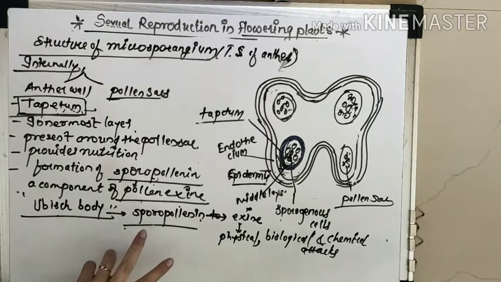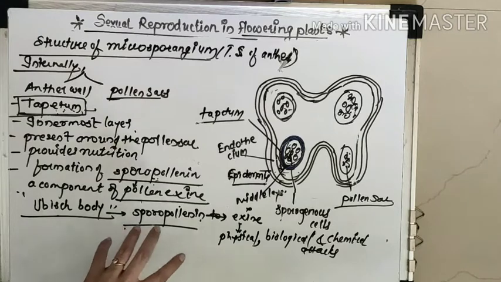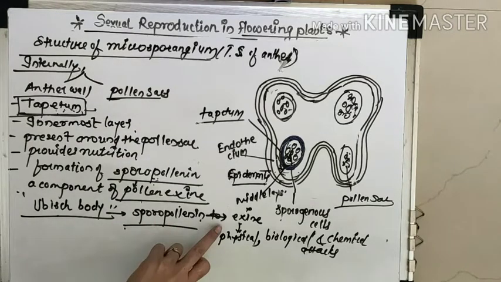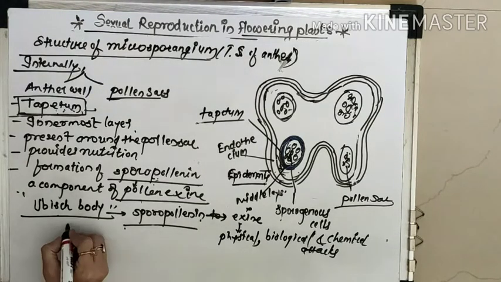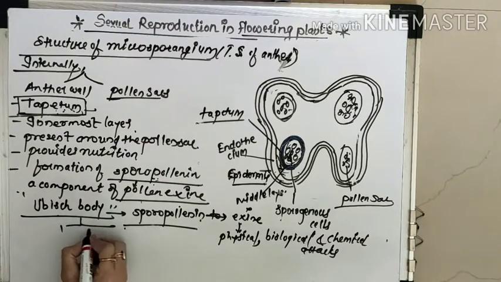Okay, that is a significant compound present in the pollen exine, that is a layer of the pollen grain. Okay, now you got it that much. Now we'll see the tapetum basically has two types. Okay, the tapetum has two types.